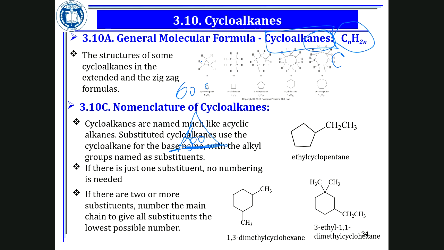For cyclobutane, we have a 90 degree angle, and 90 degree is unstable, not as unstable as cyclopropane, but still unstable. Cyclopentane, 5-member, hybridization is sp3 and bond angle is 108. Cyclohexane, 6 carbons, 12 hydrogens, and hybridization for each carbon is also sp3.